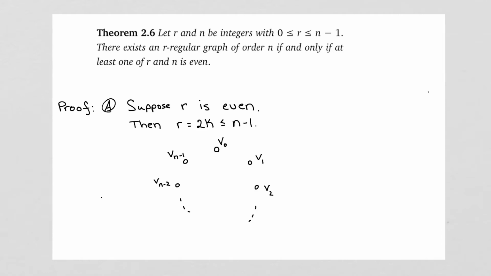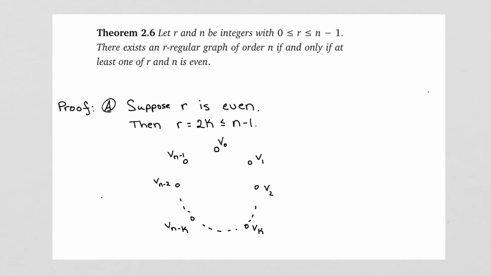What I'll notice here is that on the right-hand side, I'm going to take that up to v_k. And on the left-hand side, I'm going to go around in this direction to v_{n-k}. And then somehow I have the rest of my circle there.